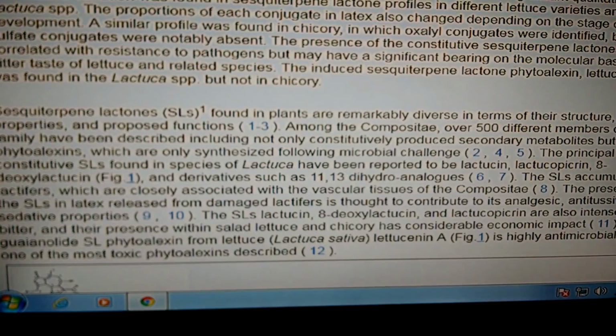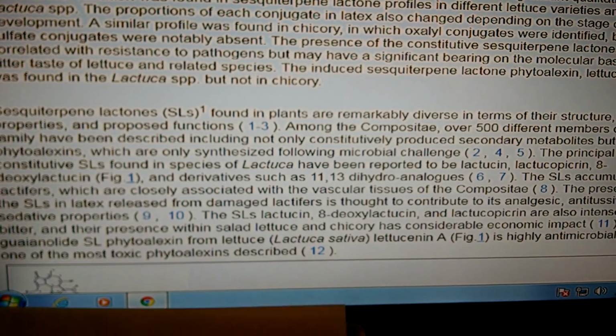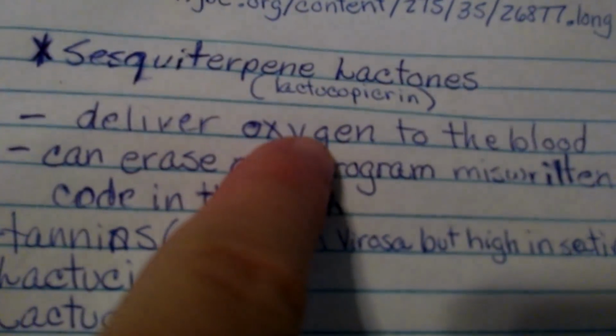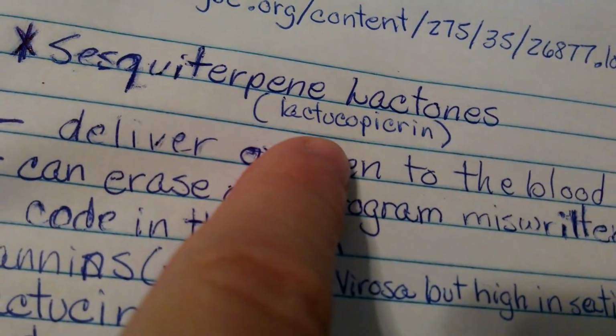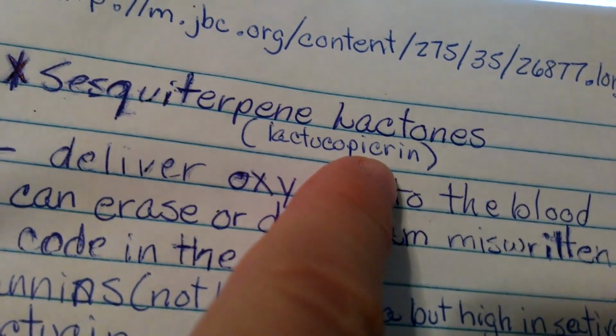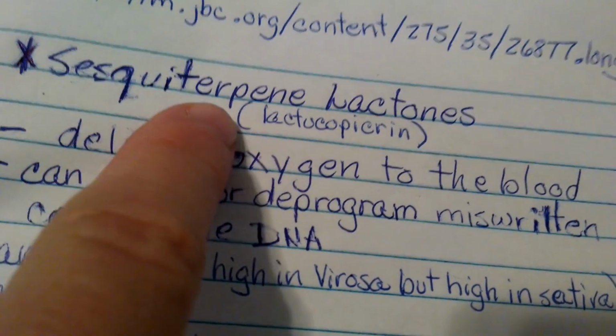So the first thing I want to talk about is these sesquiterpene lactones. Now, the one that I have the worst time hacking the name up, the lactuca, is the sesquiterpene lactones.